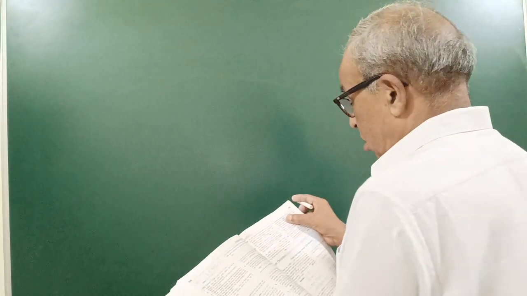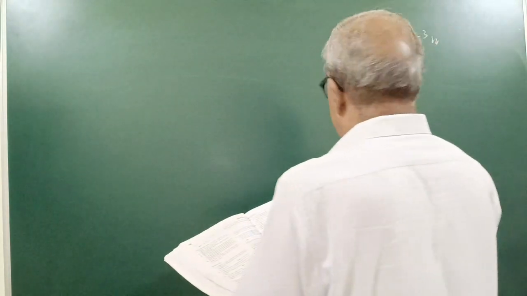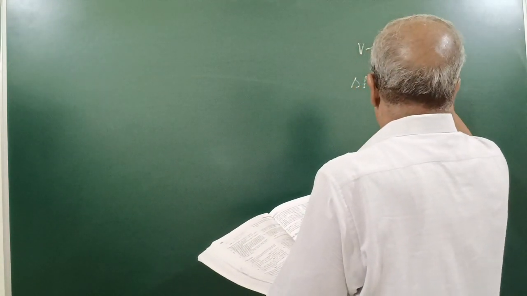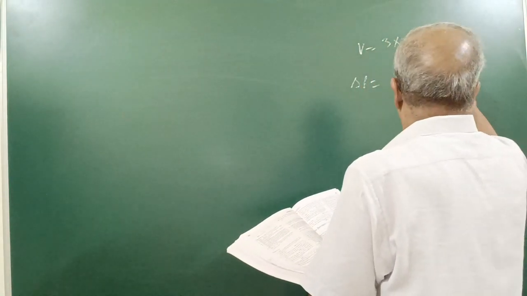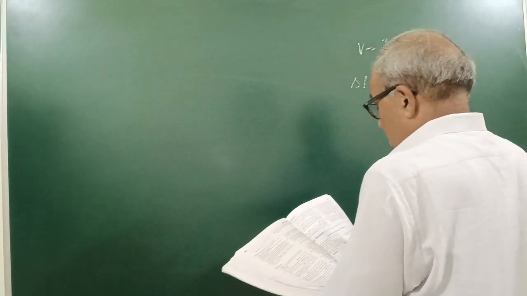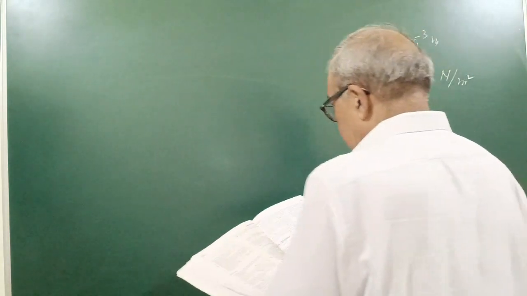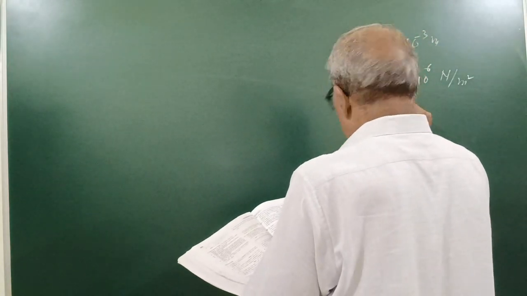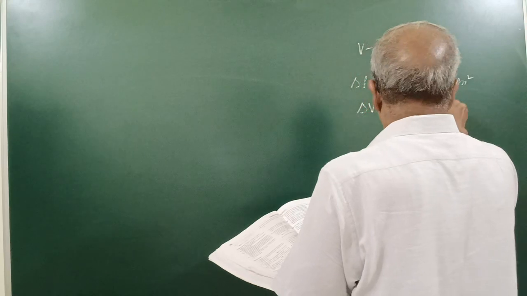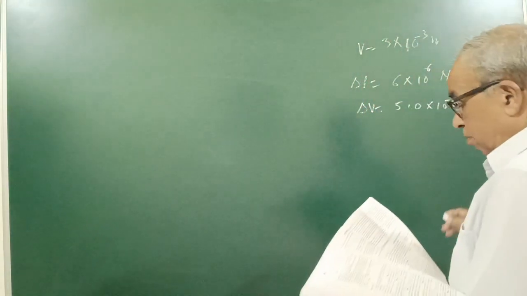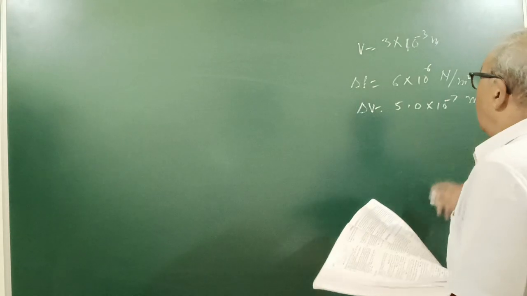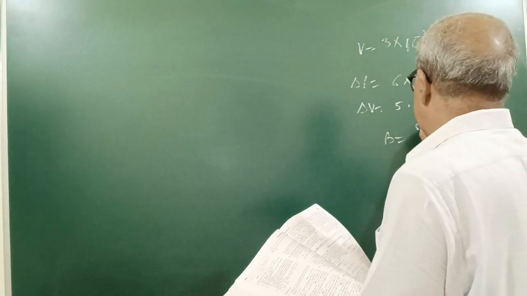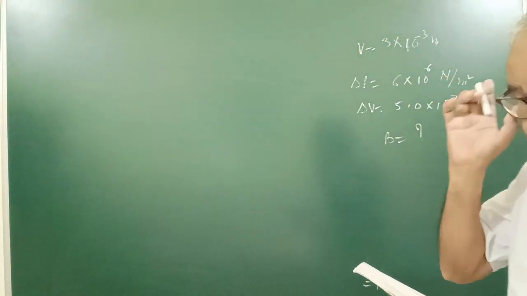The pressure on the liquid is increased by delta P, equal to 6 into 10 to the power 6 Newton per meter square. The volume of the fluid is diminished by delta V equal to 5.0 into 10 to the power minus 7 meter cube. Find the bulk modulus. What is B?